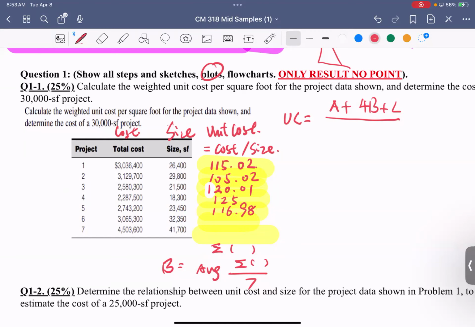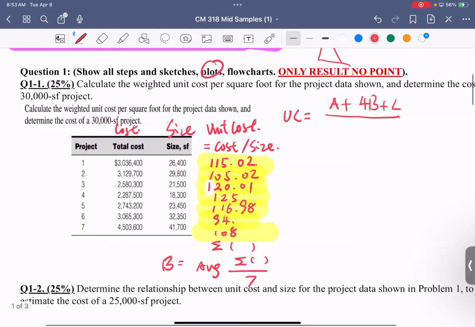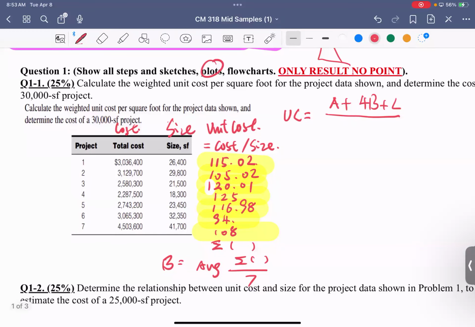And 94.75. Just 94, okay, 94.775. So that's all the unit costs, right?